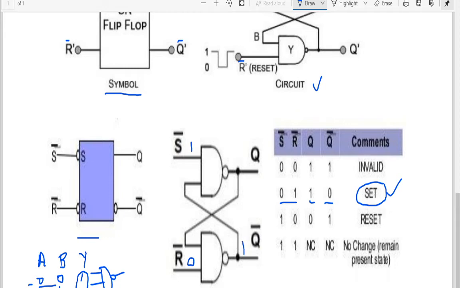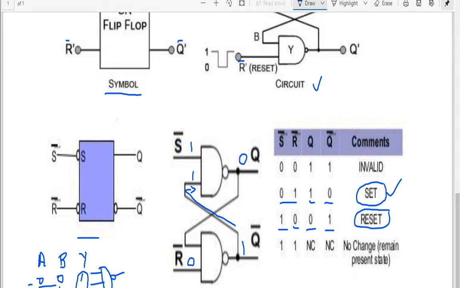And when this 1 goes here as an input, Q is going to be 0. So here when S bar is 1 and R bar is 0, the output Q is going to be low, whereas Q bar is going to be high. So this state is called a reset state.